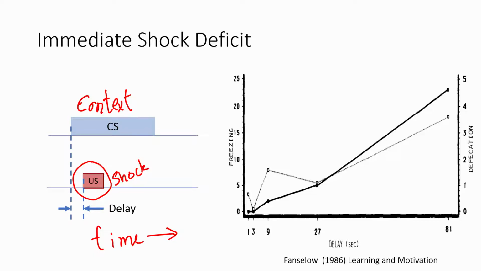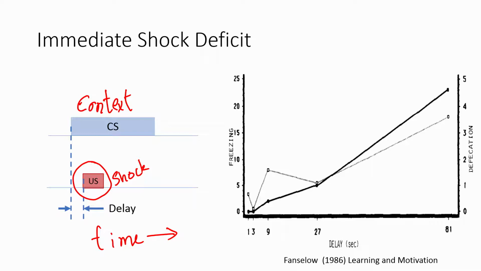These were the initial days. People were still asking what exactly is the freezing behavior. So, he was actually measuring two things, freezing as well as defecation. Defecation is another behavior, as mammals tend to increase the defecation frequency when we are in a position of fear.